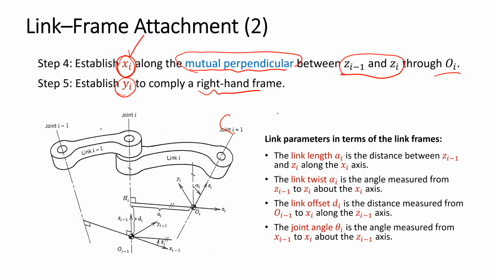So what is the benefit of the y-axis? If you draw a picture of a robot on a plane like this, and maybe you know that the x-axis will go in this direction.